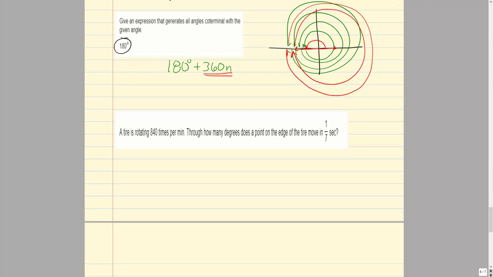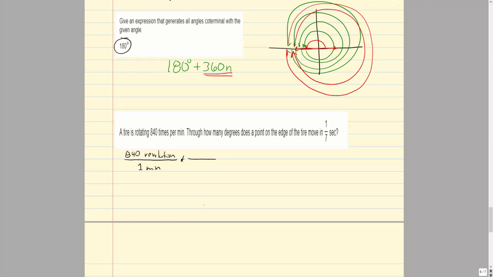So if we talk about 800 rotations per minute, I'm going to call a rotation a revolution. That means it's a spin around the circle. And that's in 1 minute. It says, through how many degrees does a point on the edge of the tire move in 1/7 of a second?